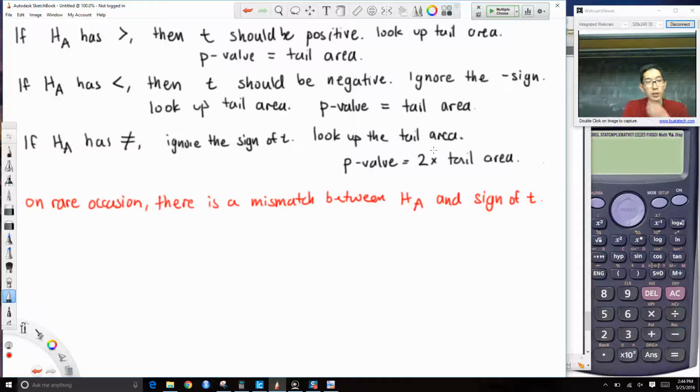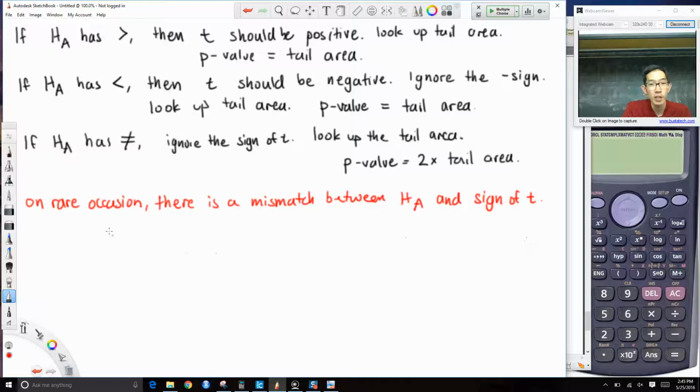Again, I said if the alternative has a greater than sign, then t should be positive, and if the alternative has a less than sign, then t should be negative. But sometimes there's a mismatch where you have an alternative with a greater than, and then your t ends up being negative. That would count as a mismatch between the alternative and the sign of t.